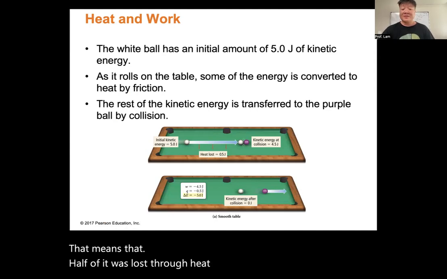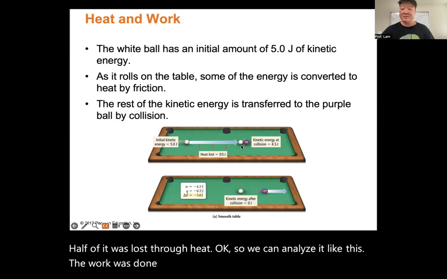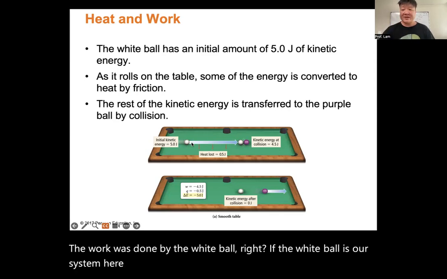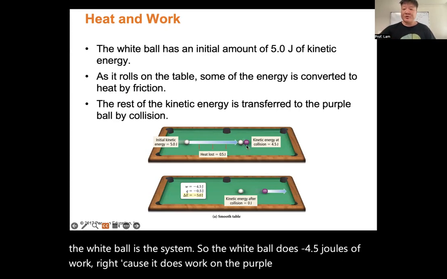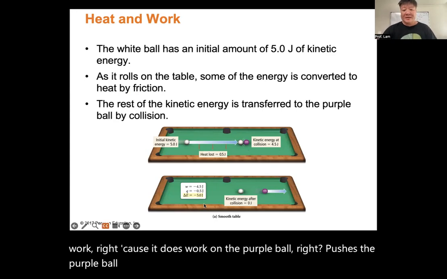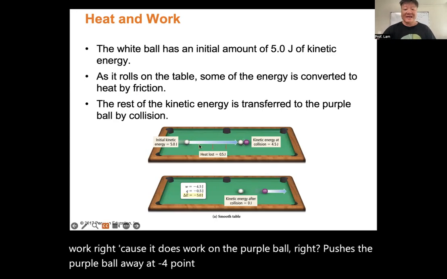Okay. So we can analyze it like this. The work was done by the white ball. If the white ball is our system here, so you have to define the point of reference, the white ball is the system. So the white ball does negative 4.5 joules of work, because it does work on the purple ball. It pushes the purple ball away, and it lost heat of half a joule.